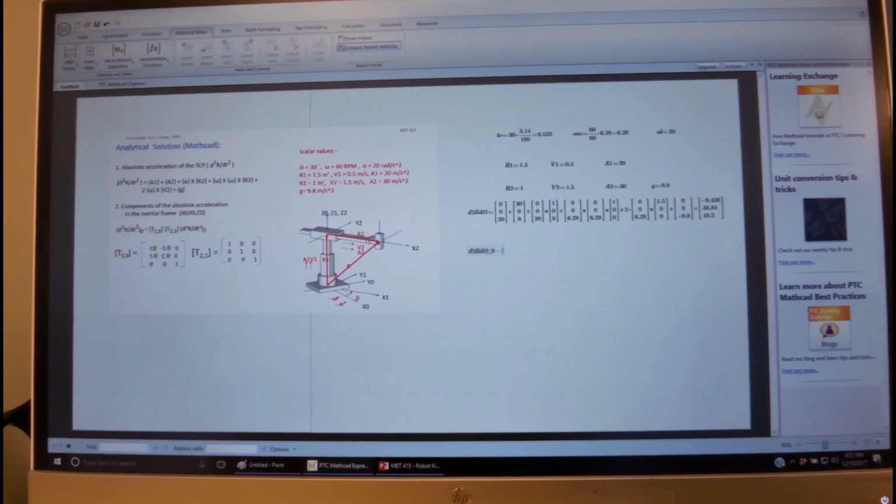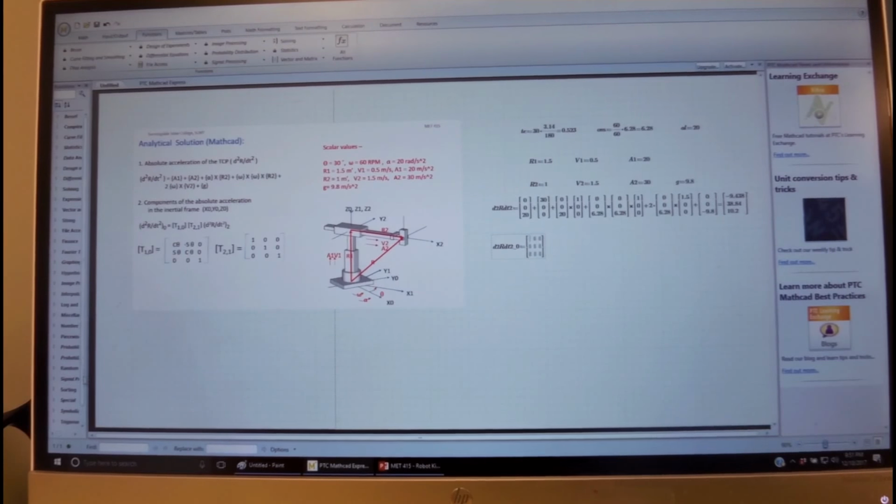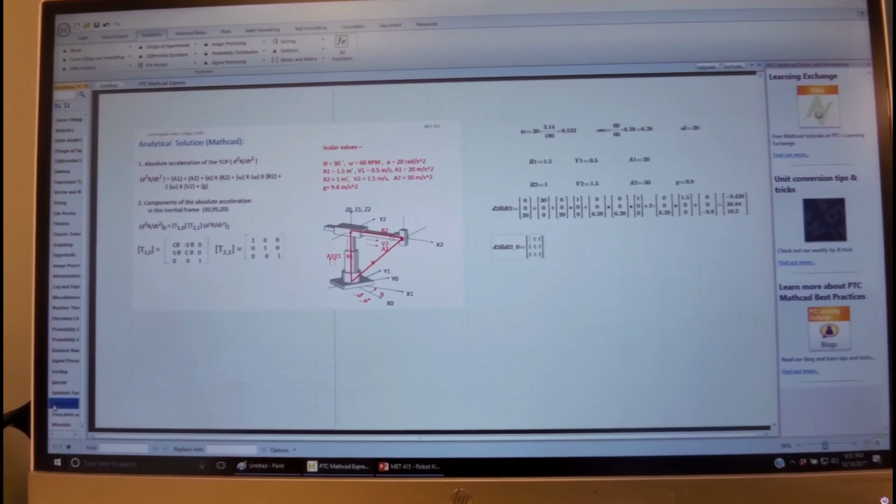And now what we'll do is we generate the transformation matrix. We already know that this is a unit matrix, so it's not going to change much. And what we have here is a cosine of theta. And we need to go over here to functions, all functions, and trigonometric functions.